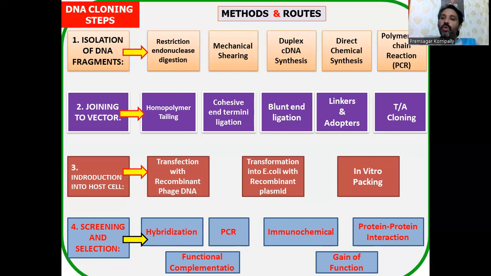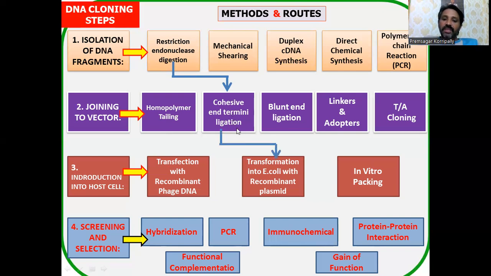So this is the overall view of DNA cloning steps and other methods or routes available for each and every step of DNA cloning. You can see here, if you digest your genomic DNA fragment with a restriction endonuclease, it will have cohesive termini.